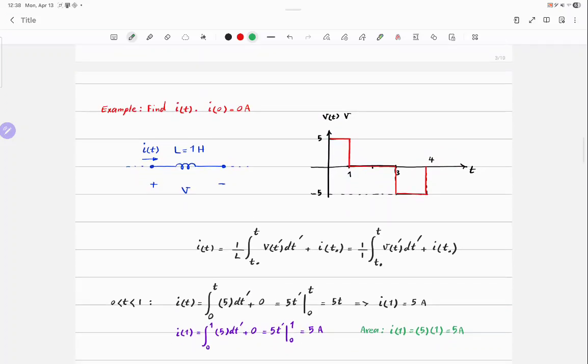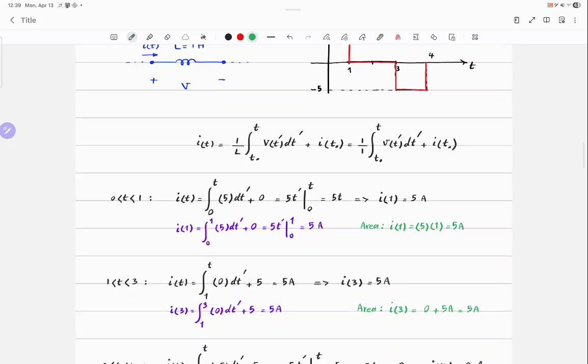How about the value at 4? How do you calculate the area there? You have 3 intervals, remember. The first one gives you 5, the second one gives you 0, the third one gives you -5 because it's below the horizontal line.